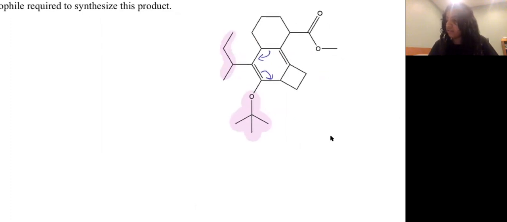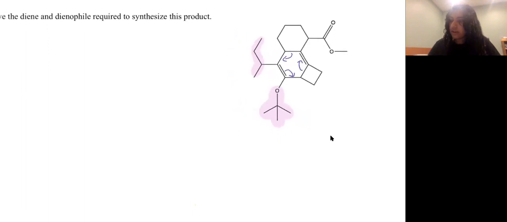And then there's one more arrow. I'm reversing this bond. So now I just go ahead and replace the arrows with lines and let's see if that gives us something to work with.